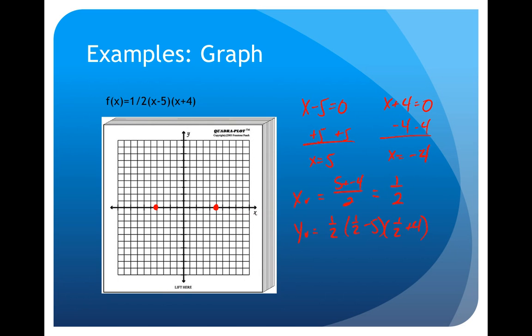So if I type in 1/2 and then 1/2 minus 5 and then 1/2 plus 4, that's going to give me negative 10.125. So just slightly under negative 10. So here I'm going to go to 1/2 for the x coordinate and then just slightly under negative 10. And I can connect to make my graph.